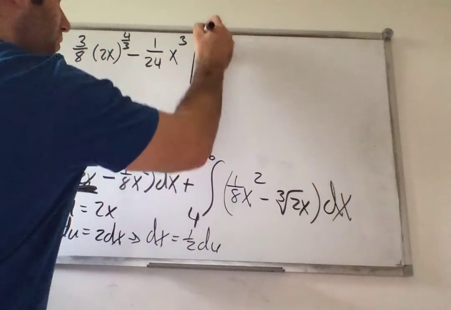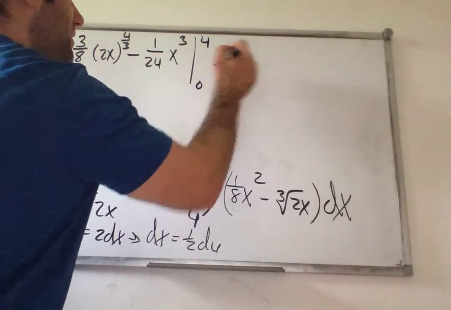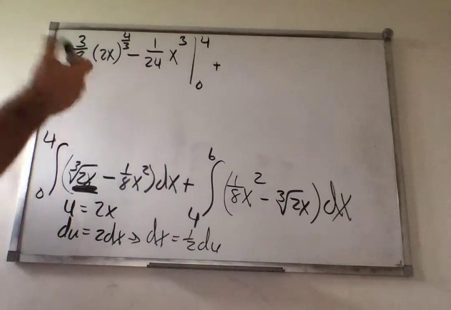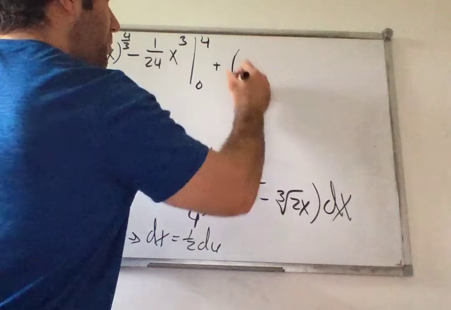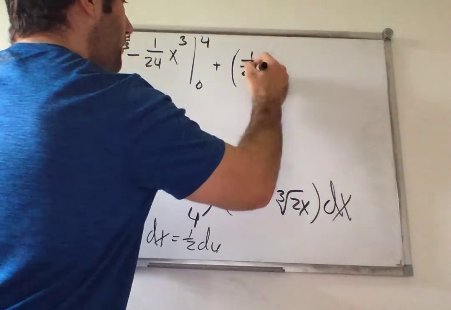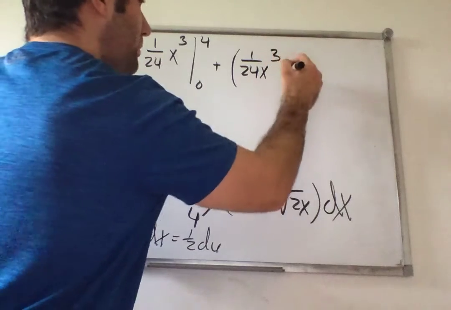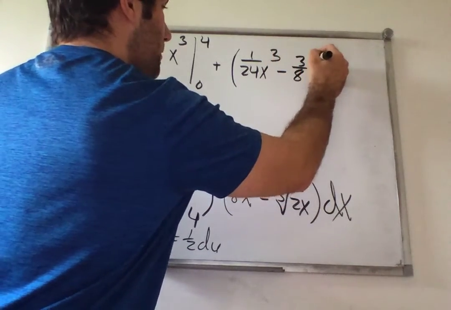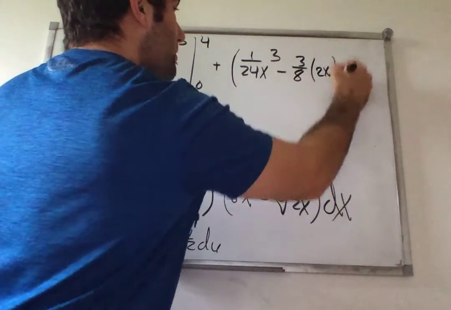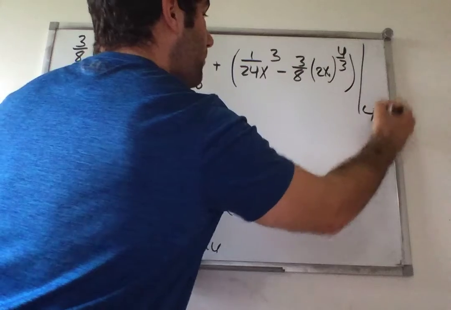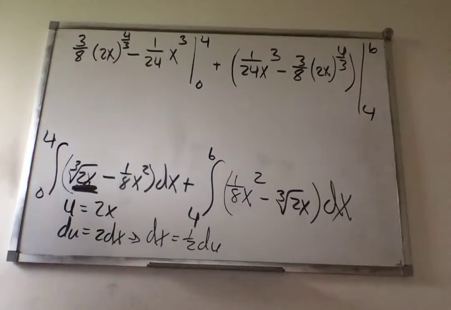Evaluated from 0 to 4, plus, and now the antiderivatives are exactly the same thing. We just got to switch them. So I'll put a parenthesis here. It's 1/24 x cubed minus 3/8 times 2x to the 4/3 evaluated from 4 to 6.